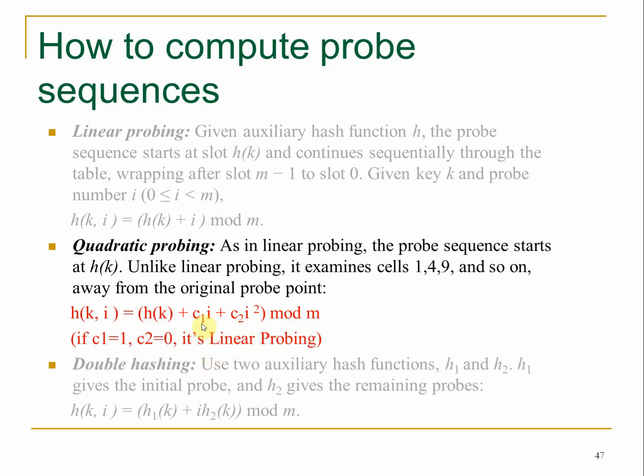Of course, if we put C1 equal to 0 and C2 equal to 1, which is the example that we want to look into, then we use i squared to control the positions away from the home position. Let's take a look at what's happening here.